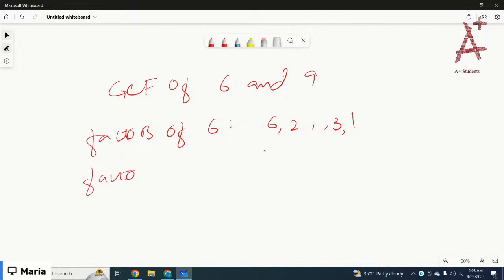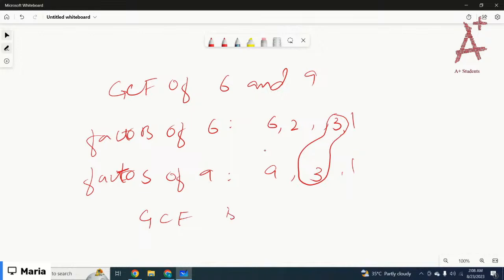You have to write down the factors of 9. So the factors of 9 are: 9 times 1 is 9 and 3 times 3 is 9. So you can see the greatest number that is common is 3. So the GCF is 3.